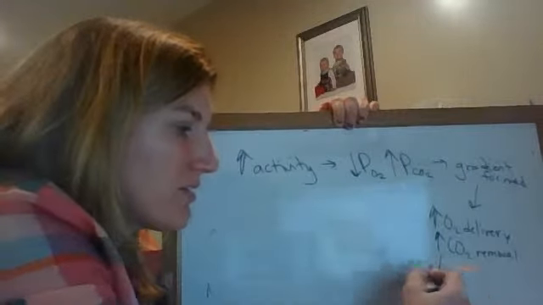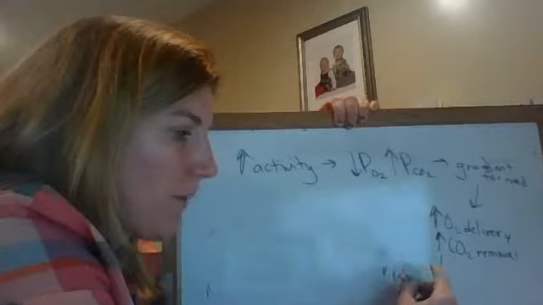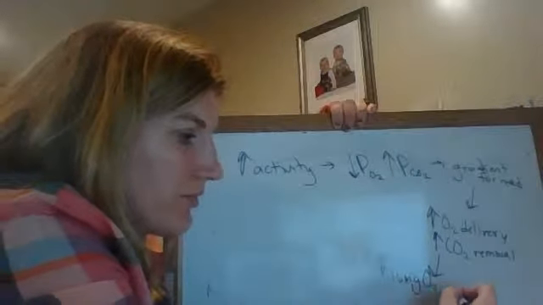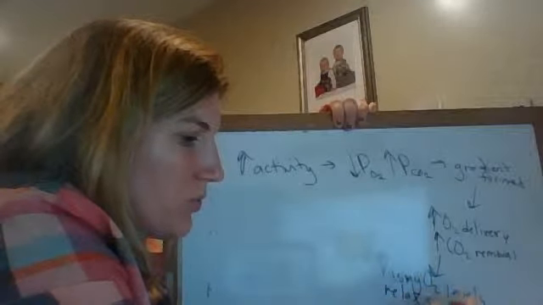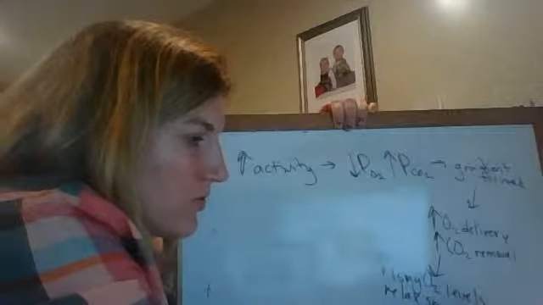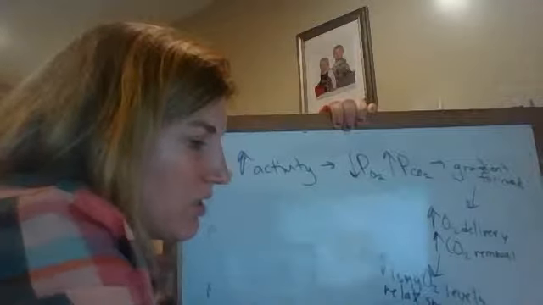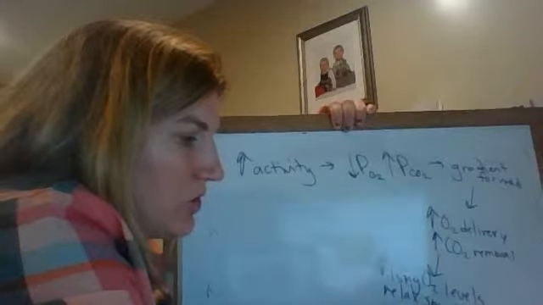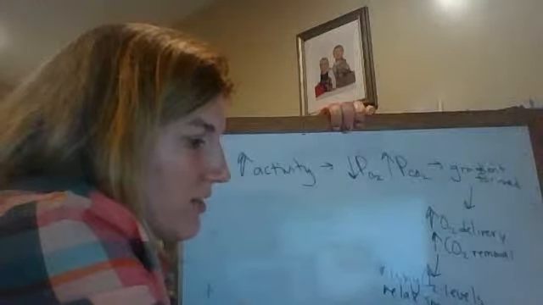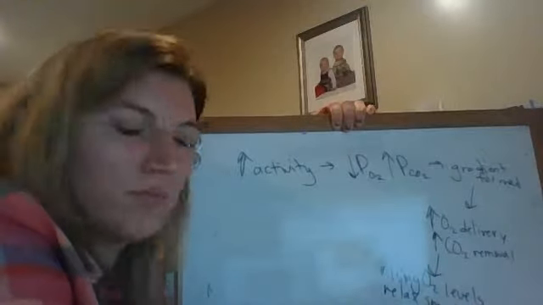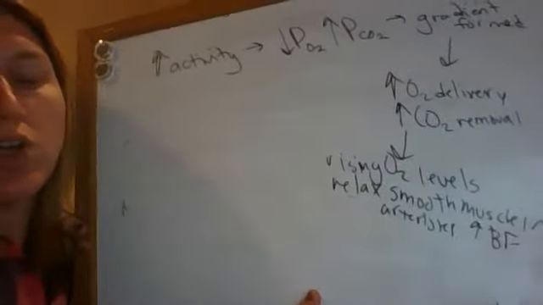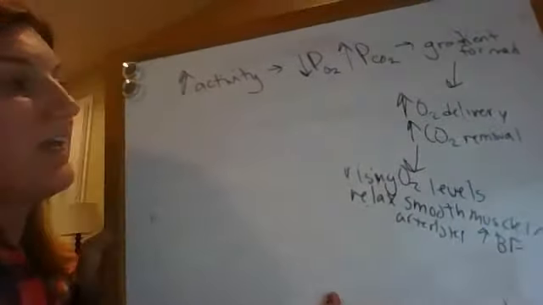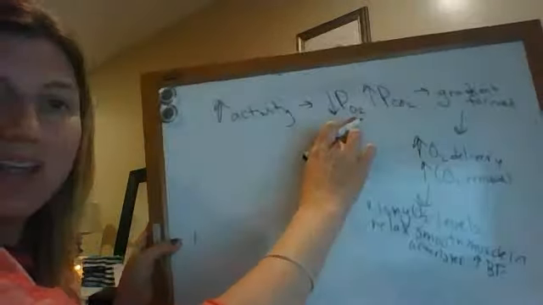And so what this does is rising O2 levels relax smooth muscles in the arterioles, and that ultimately increases blood flow, and again, that's going to set this back to normal.